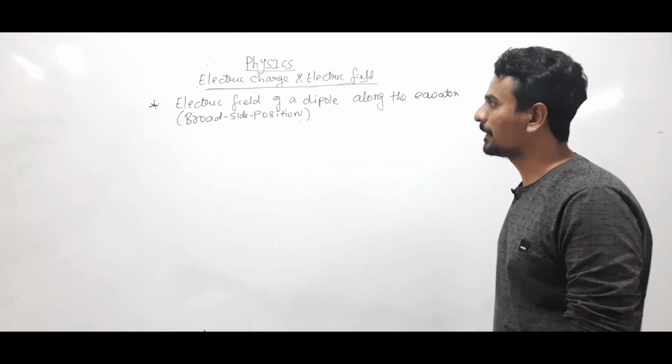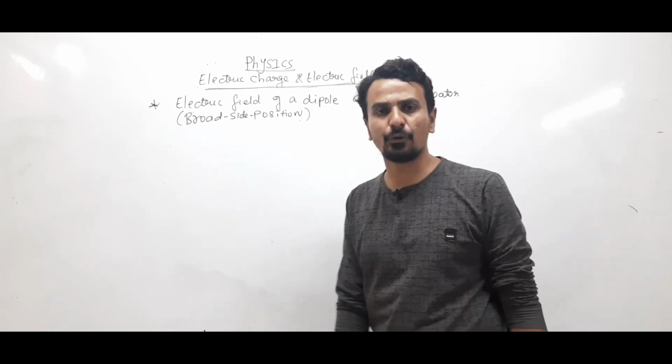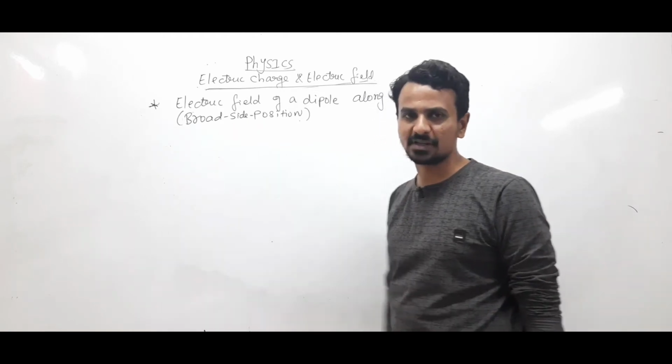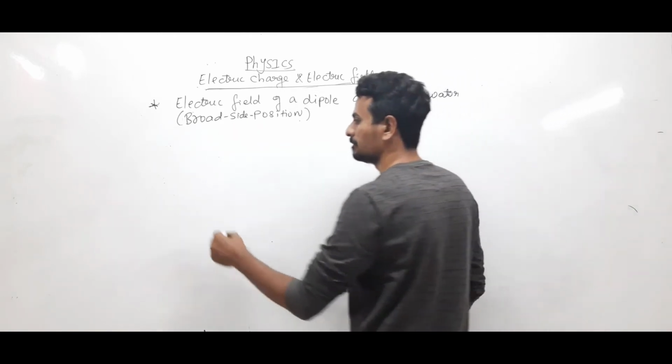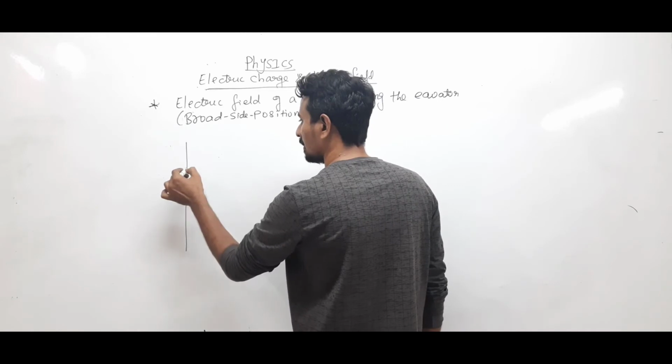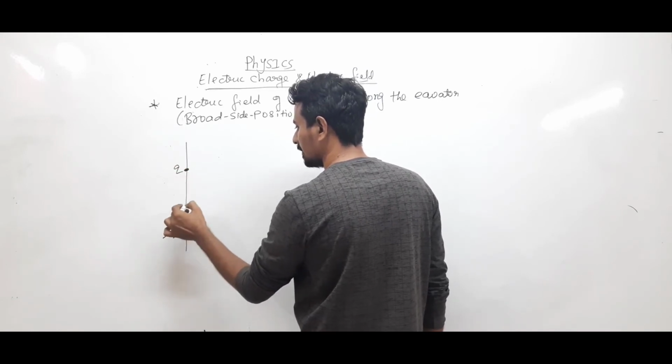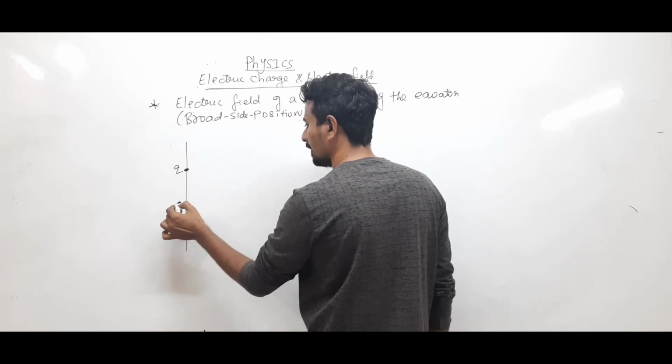So now let us find electric field because of dipole along the equator. Equator is also known as broadside position. See, dipole is placed here, center of the dipole, origin, no problem.